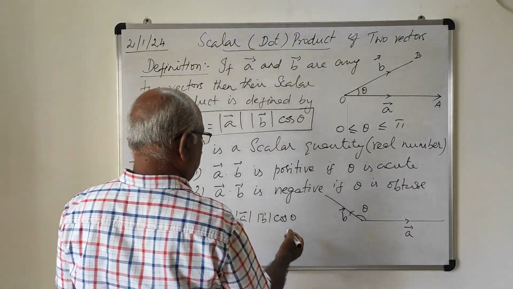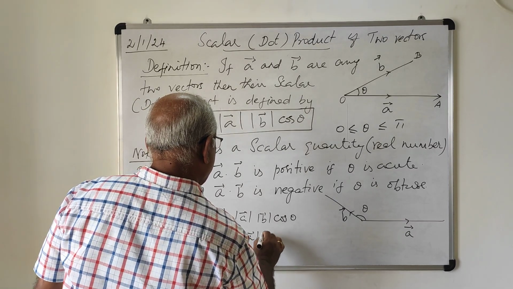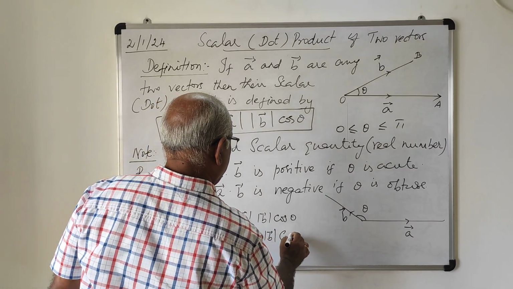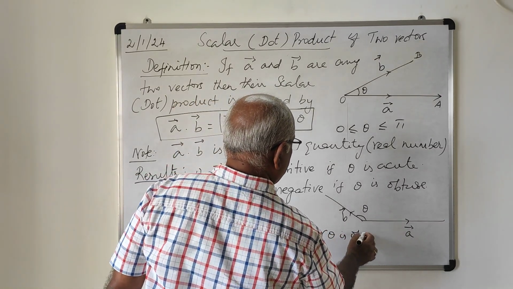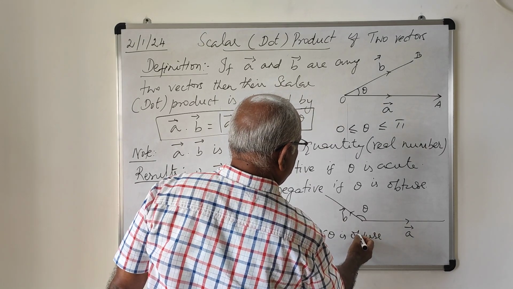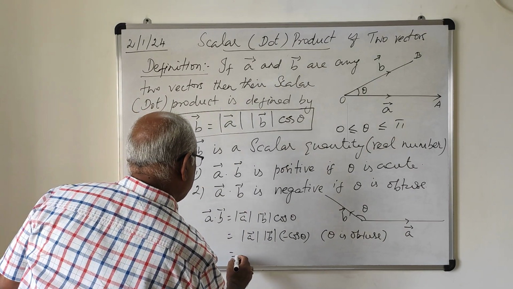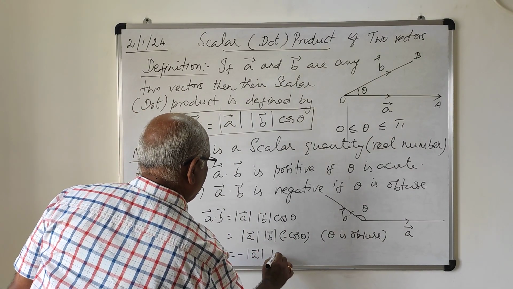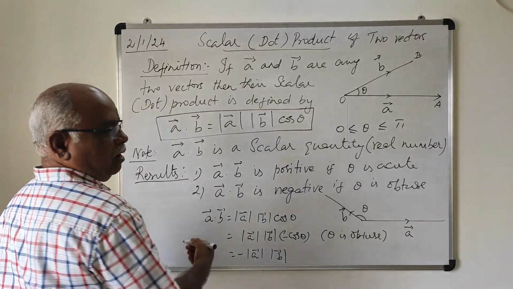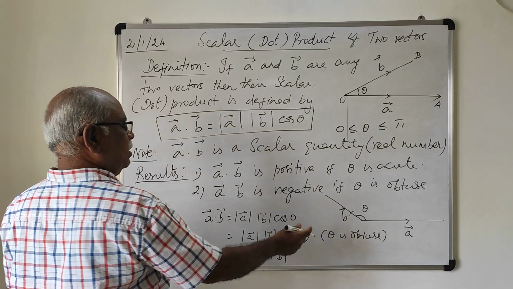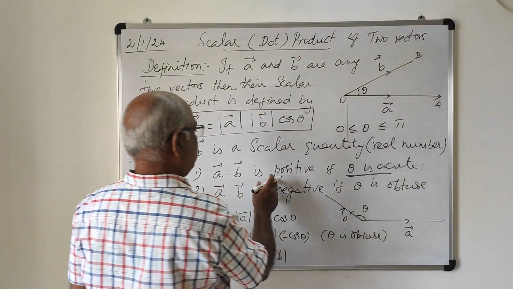So in this case cos is negative. Therefore, this is mod A mod B times minus cos theta, because theta is obtuse. So A dot B is a negative value, a negative scalar or negative real number, if theta is obtuse. If theta is acute, A dot B is positive. That is the first case.